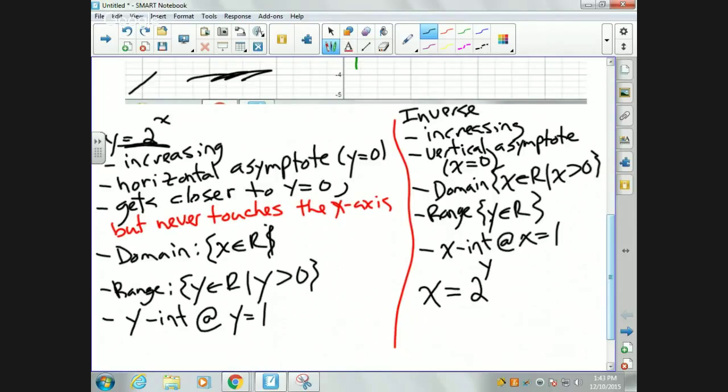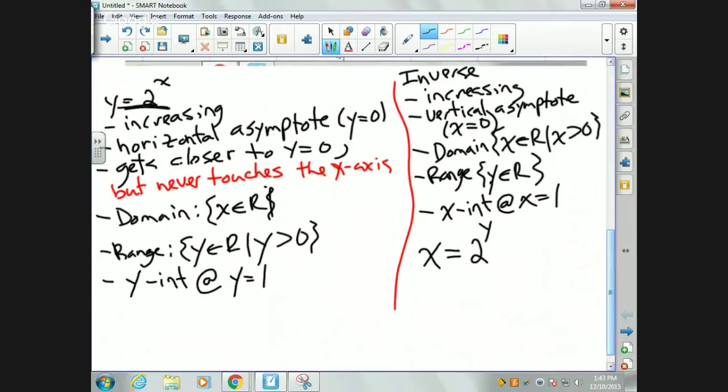As an equation, this is what it looks like. And typically, we would solve this. If I gave you a linear function and asked you to find the inverse, we would solve this by isolating y and getting y all by itself. That's where we're headed in the next couple of days.